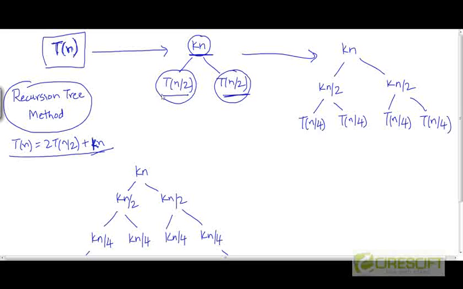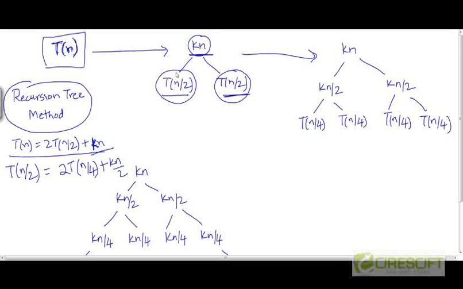We're going to replace T of n by 2 by the right hand side of the recurrence equation for T of n by 2. And what is the recurrence equation for T of n by 2? Well, we just replace n by n by 2. We substitute n by 2 in place of n everywhere here. So you get T of n by 2 is twice of T of n by 4 plus k times n by 2.